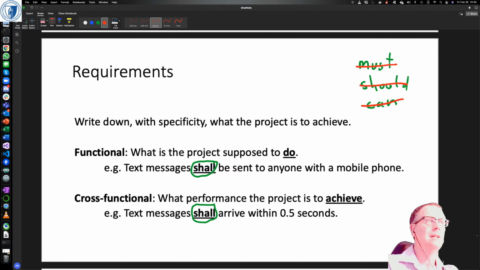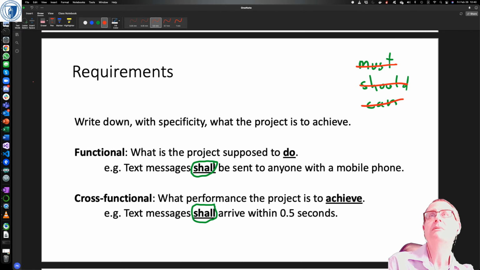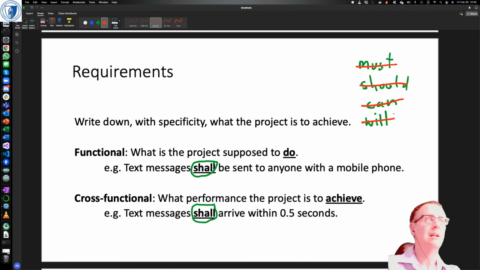The verb that has to be in a requirement is the verb shall. Some people use will. Again, I don't. The word is shall.